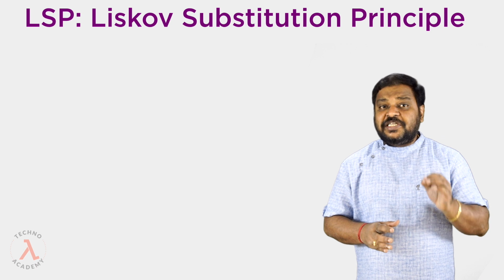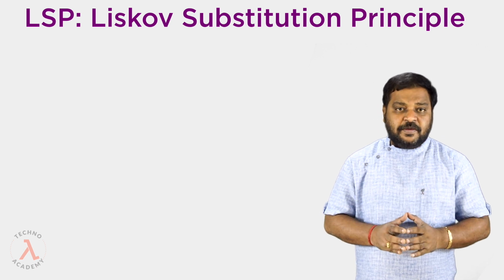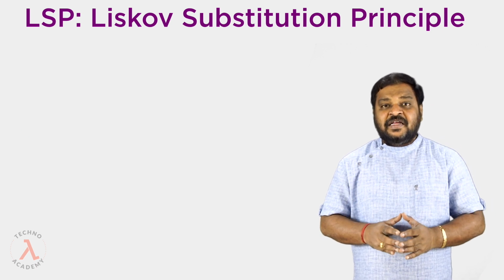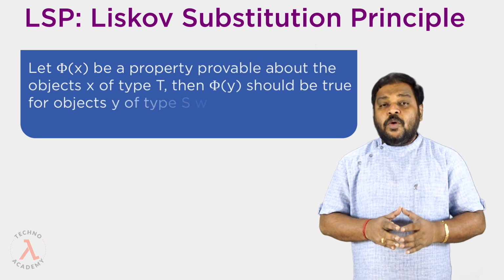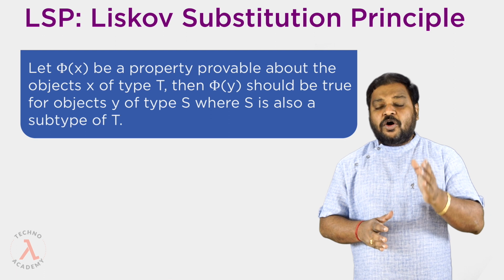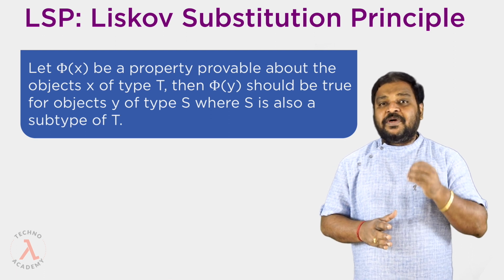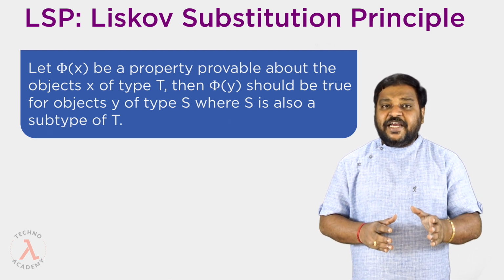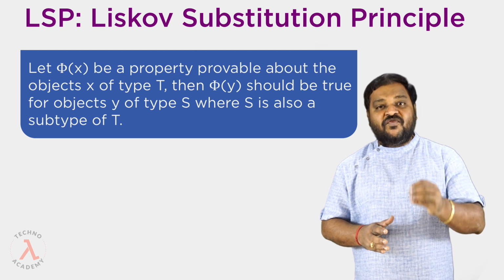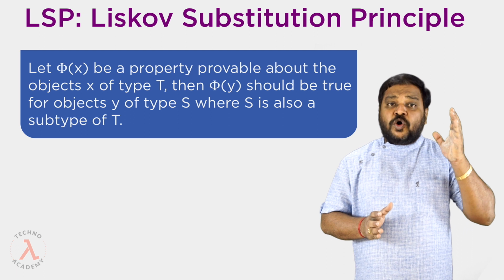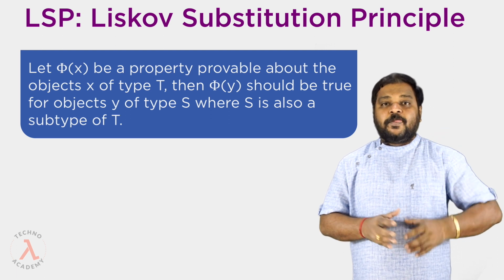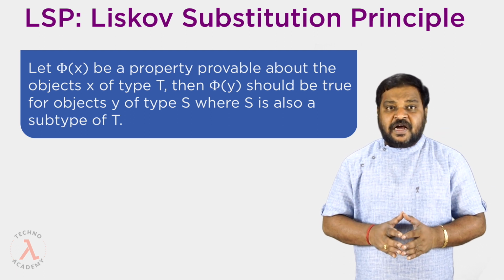As per the original definition of LSP, it states that let phi of x be a property provable about the object x of type T, then phi of y should be true for object y of type S, where S is also a subtype of T. Okay, let me repeat it again.